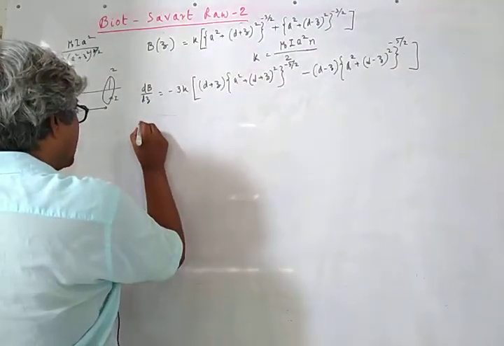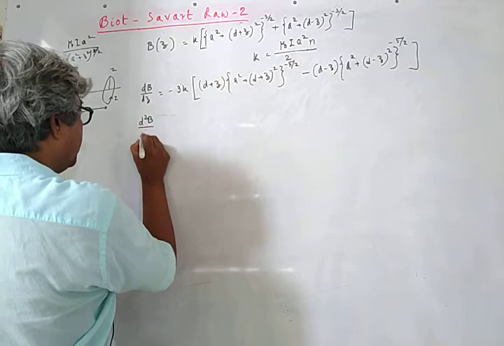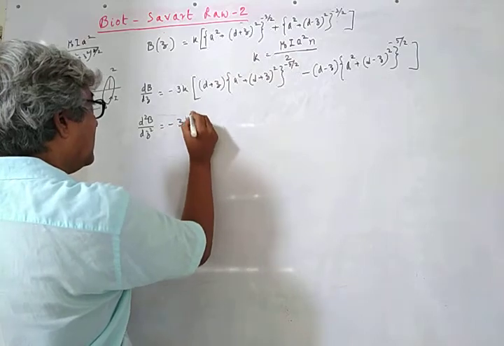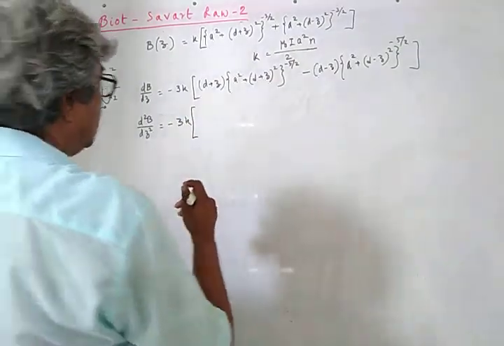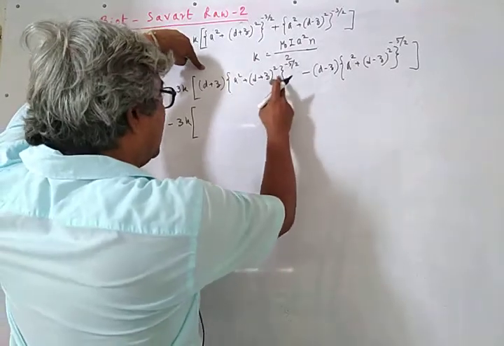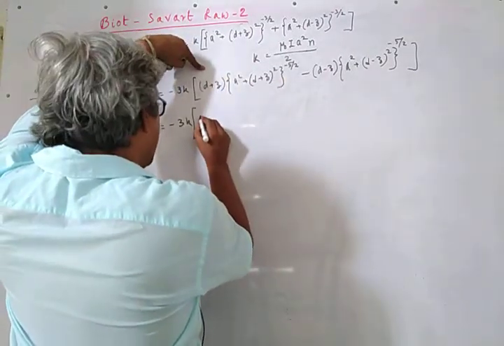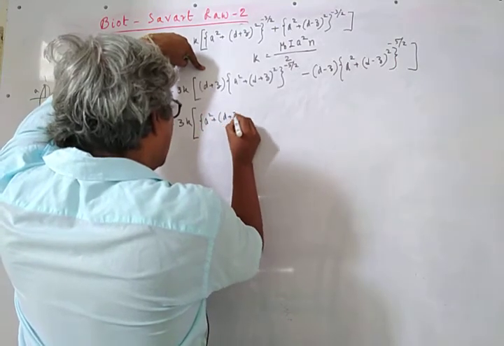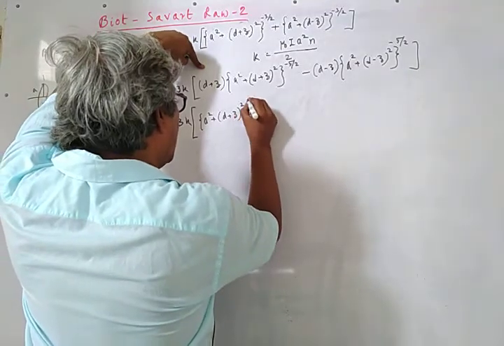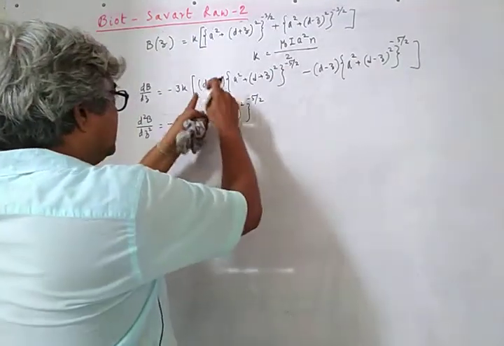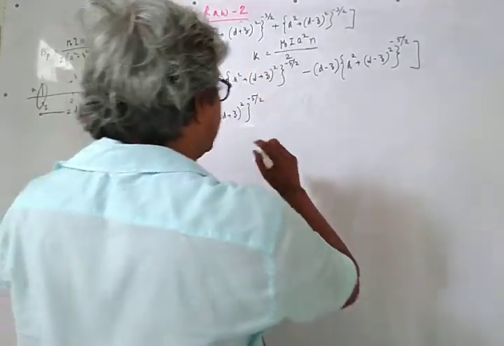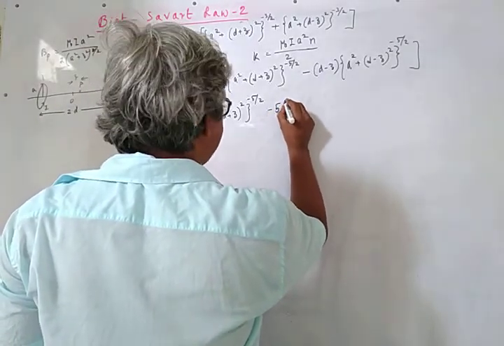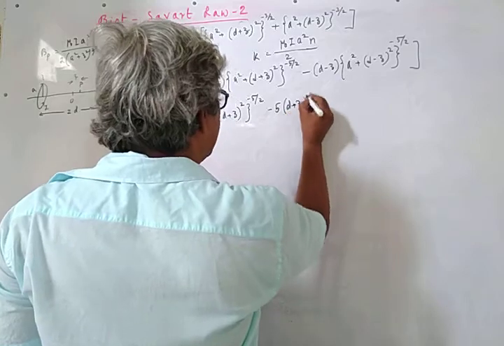And the second derivative we shall also calculate, the second derivative of B. You see that this term first, and this part has been differentiated keeping this constant, and when this part is differentiated the result is 5 into d plus z whole square.